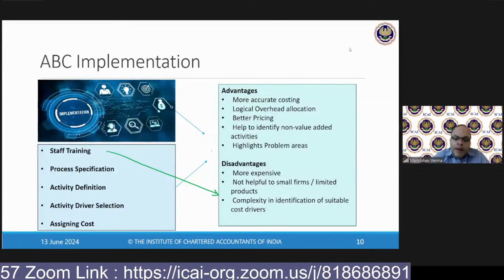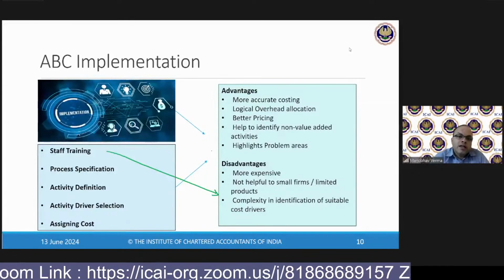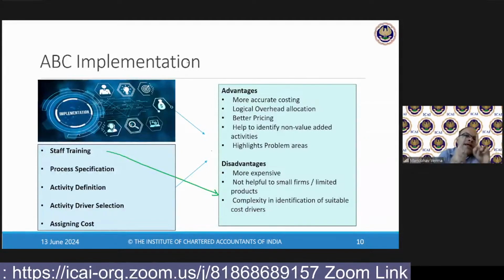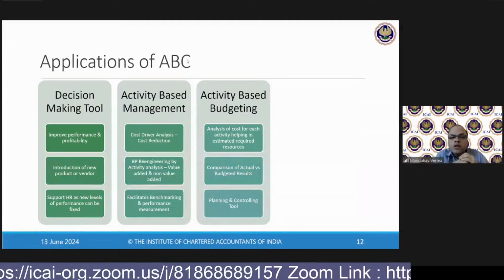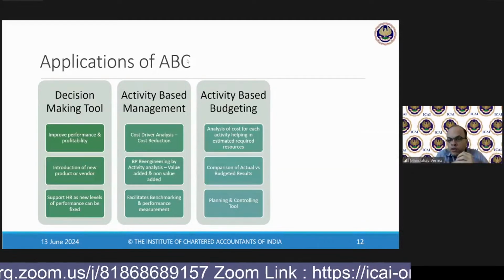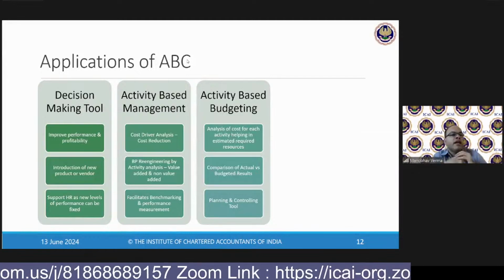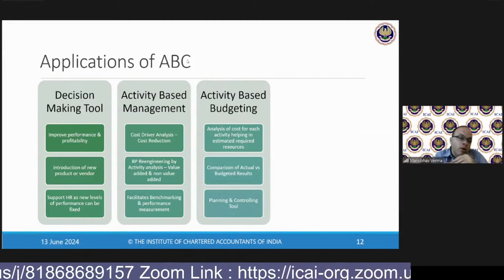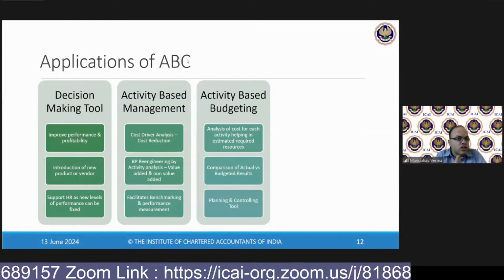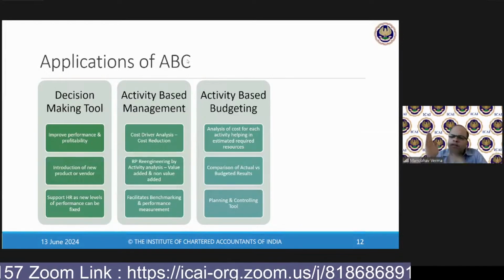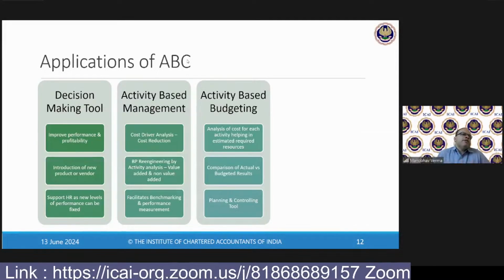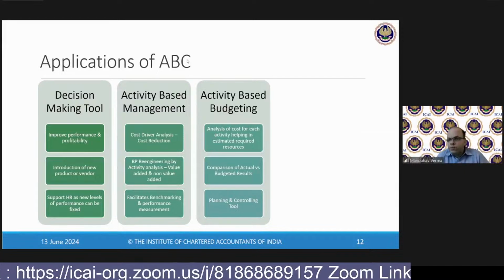Once we have an activity based costing system, we can use it as a decision making tool, but it can also help us fine tune our processes, and help in our financial planning and analysis in the form of a better budgeting exercise. So let's look at a few applications of ABC, and after that we will do more practice, more questions. So how does ABC help us as a decision making tool?